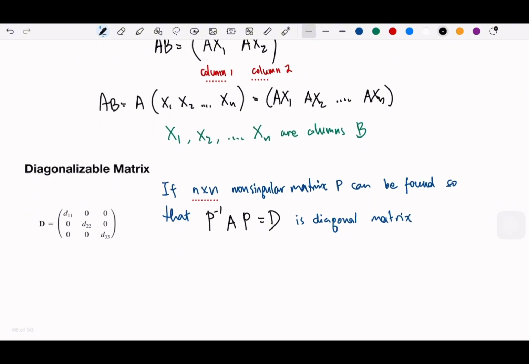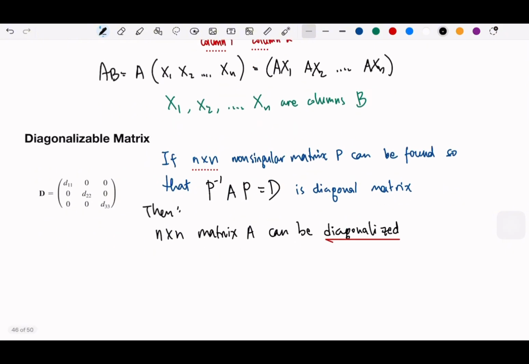Suppose that we can find this P. Then we say that the n by n matrix A can be diagonalized. And P diagonalizes A.